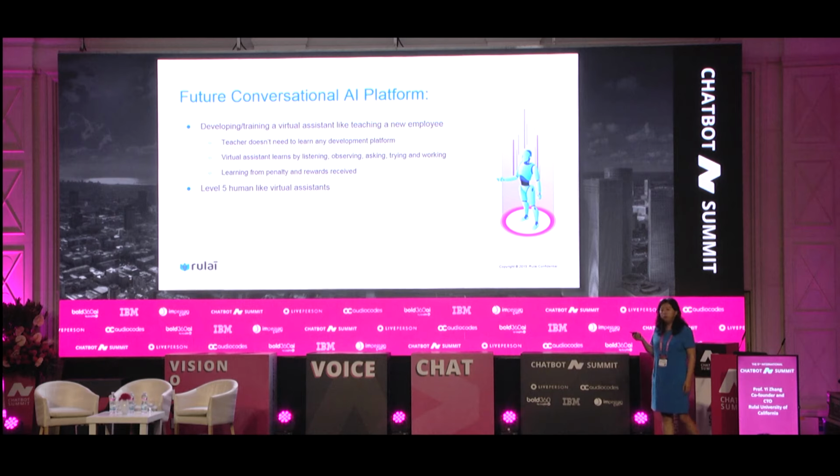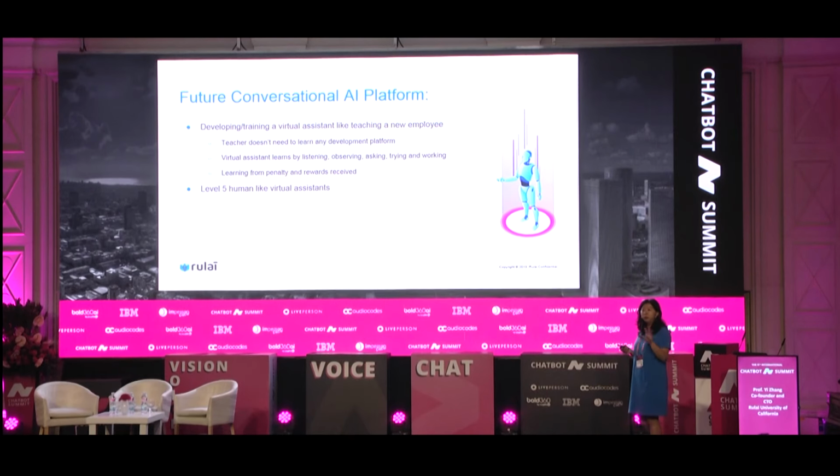In the future, you shouldn't have to learn any platform, any programming language, or any drag and drop console. You shouldn't have to learn it when you build a virtual assistant. What you want to do is just develop a virtual assistant like teaching a new employee. That's level 5. Because as a teacher, you don't need to learn anything.